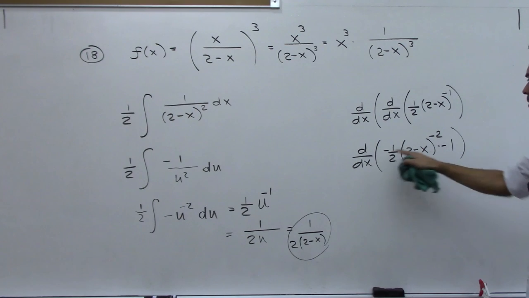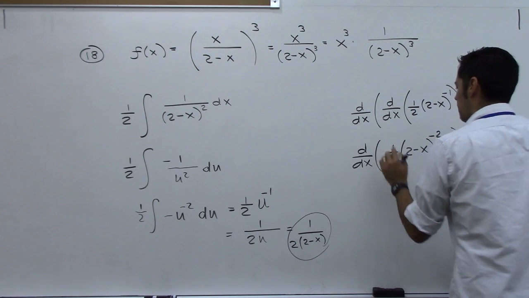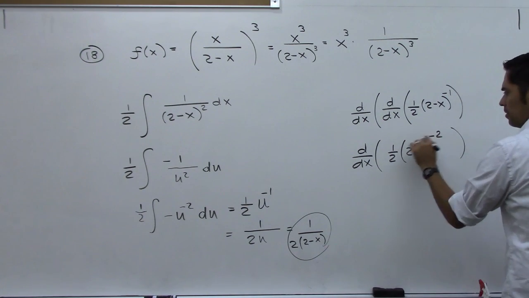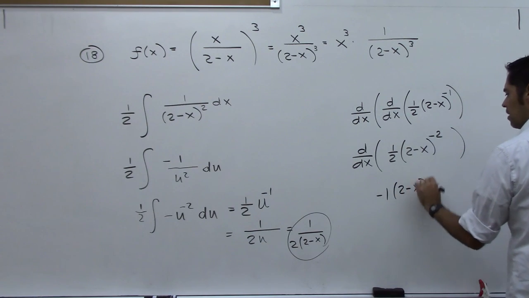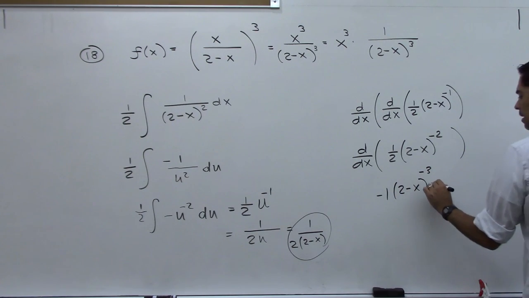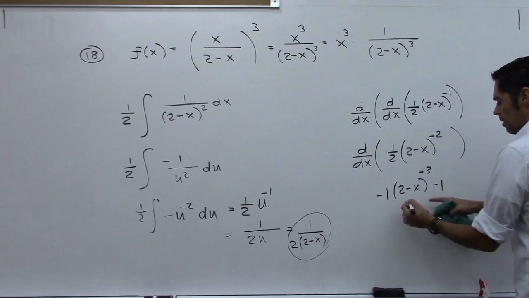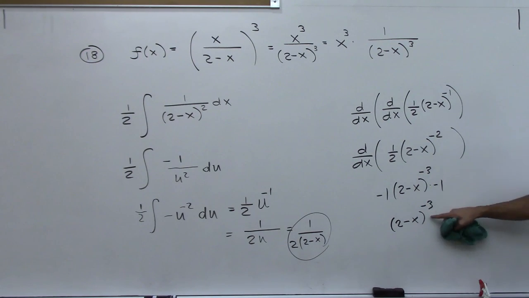When I put this negative 1 and the half together, it just becomes positive 1/2. Now do the derivative again. Negative 2 comes out, that's going to be negative 1, (2 minus x) to the negative 3 this time, times the derivative of what's inside, which is negative 1. These two negative 1s come together to be 1. This is (2 minus x) to the negative 3, and that is this.